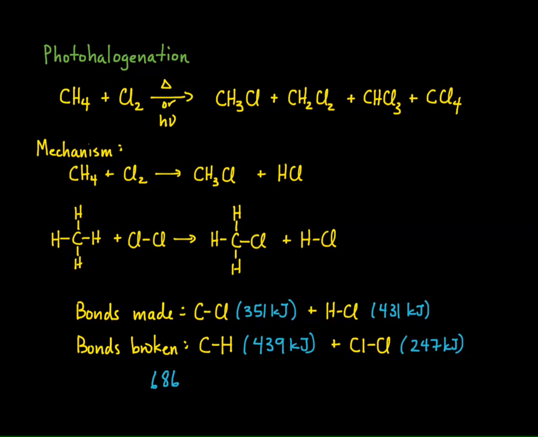And if we take the bonds made and add those up, 351 plus 437, where that amount of heat is going to be given off, and so it's a negative term, so minus 781, and we add these two terms up, and we get a negative 96 kilojoules per mole of reaction of energy, and so we say this reaction is exothermic.